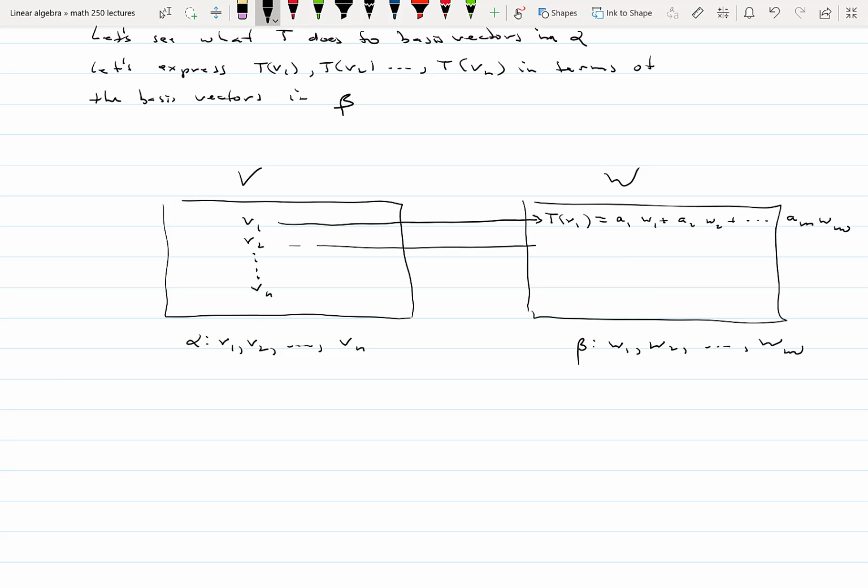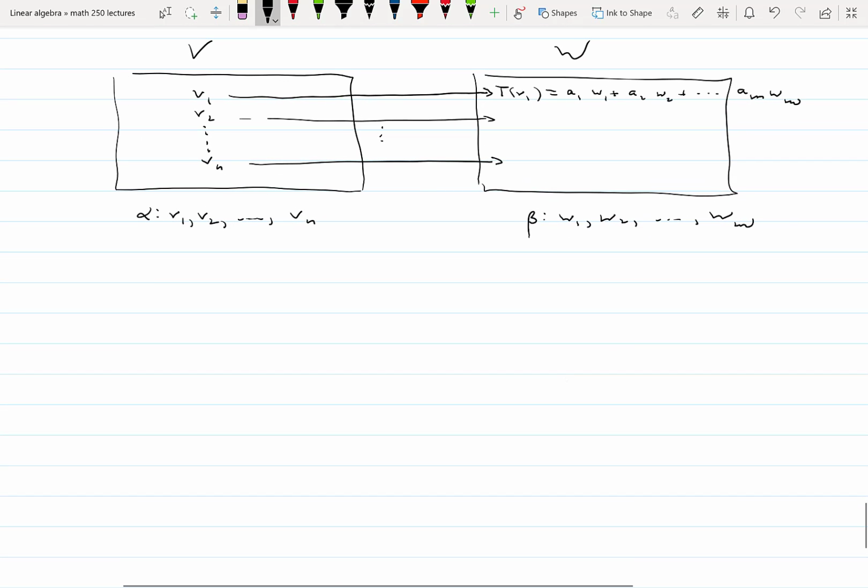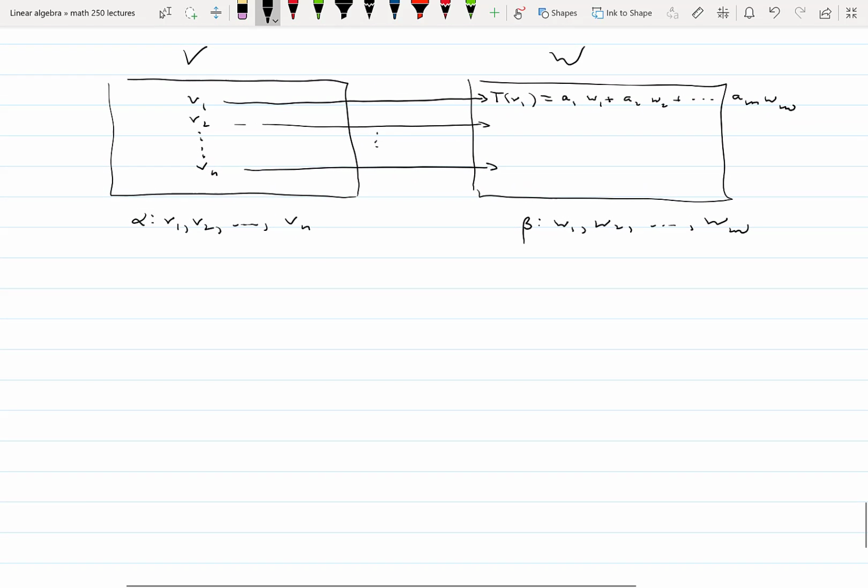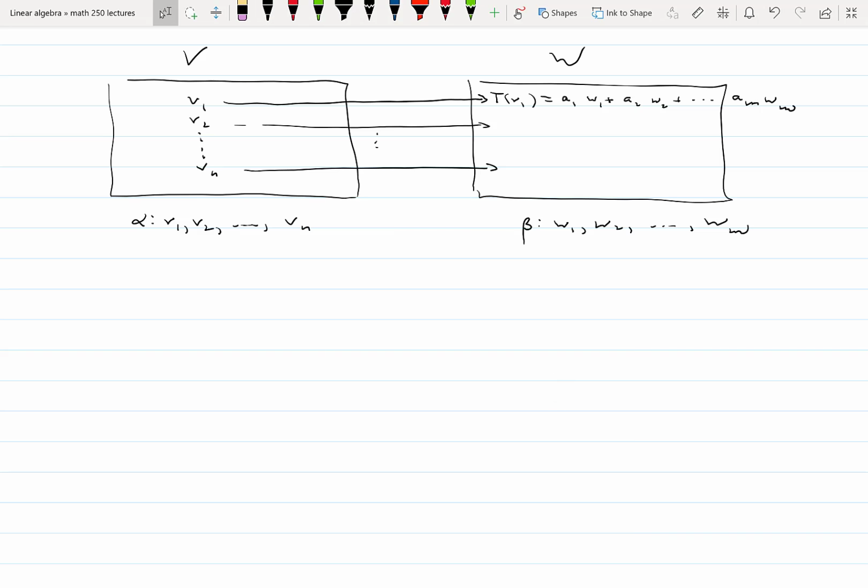I'm going to have to adjust the subscripts, the A1 to AM, a little bit to accommodate that we have so many vectors V1 to Vn. So let's do that right now.